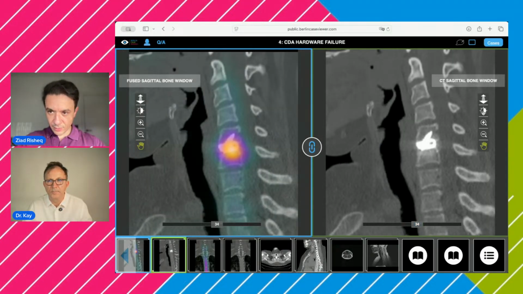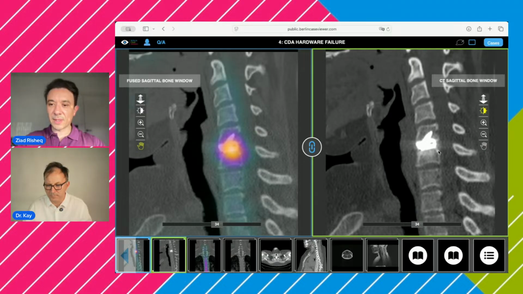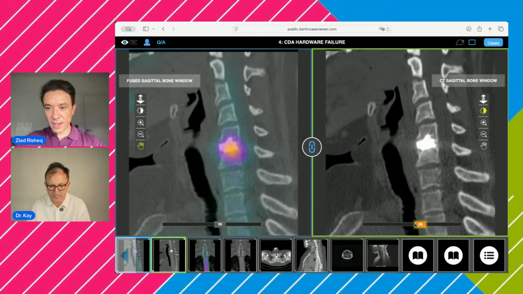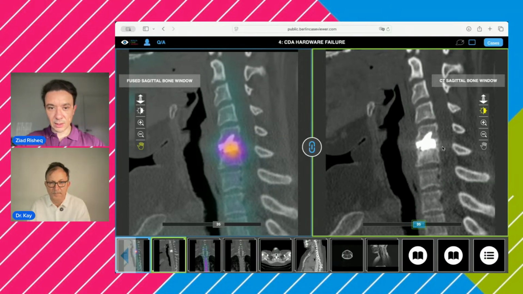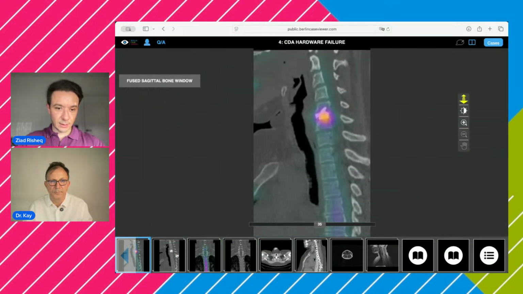You can see here, let me just adjust the contrast a bit. If this was a better CT acquisition, we would probably have seen an osteolytic or a lucent line over here. So we have this uptake, and these changes along the end plate. Let's take a look at the coronal.